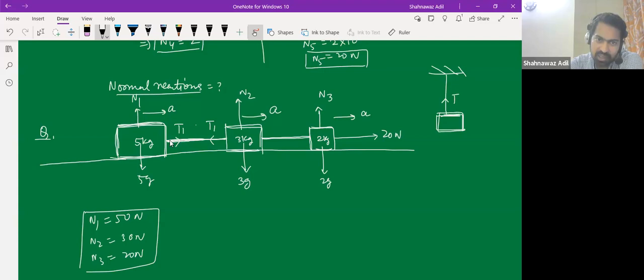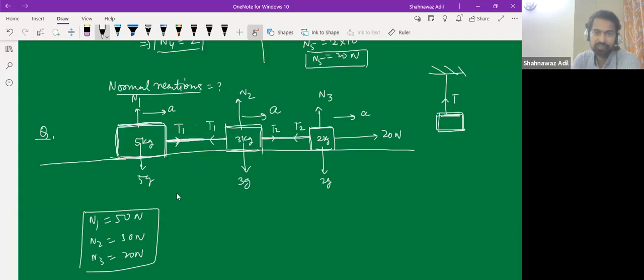So similarly, in this case, this 3 kg block will experience tension in this direction, and then this will experience the tension in this direction. Right? So these are the forces that we have.